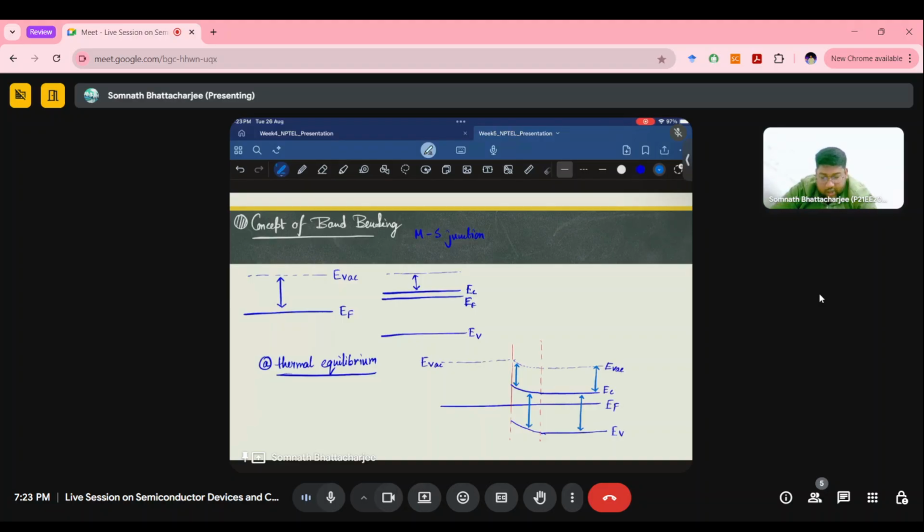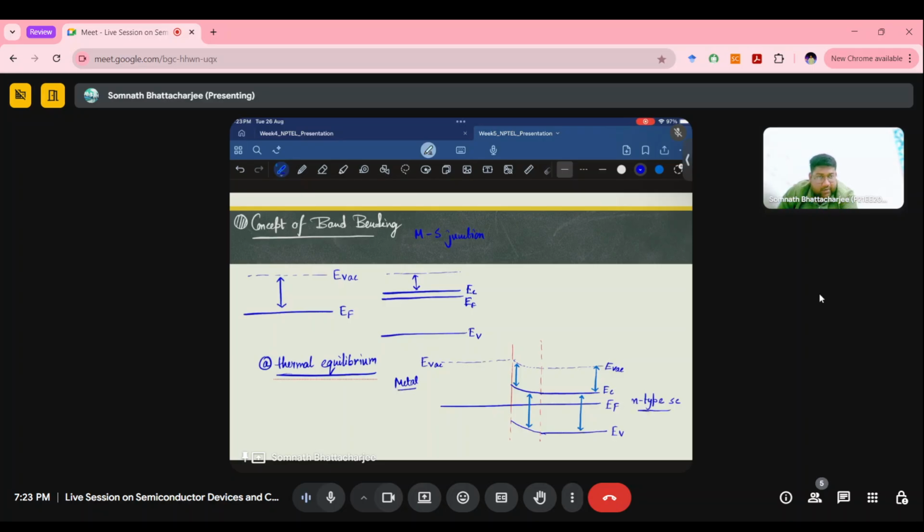This is not a physical phenomenon, but to learn the inner concepts of these kinds of junctions, we need to learn this. It is an empirical kind of phenomenon that is called band bending. This is for an N-type semiconductor, and this is for a metal.